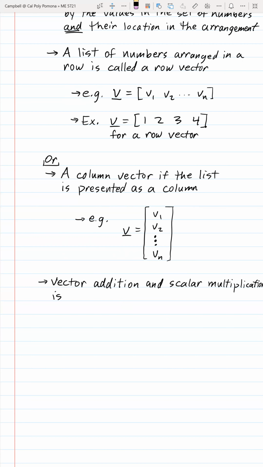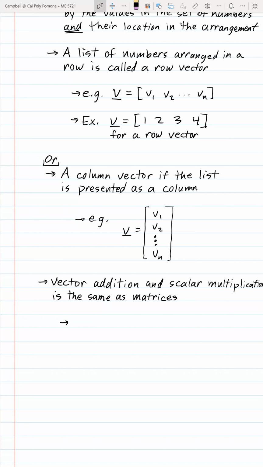So as you can imagine, those two, since they were very similar to their scalar or algebraic analogs, we have the same addition and scalar multiplication for vectors as we had for matrices, and nearly essentially what we had for algebraic expressions as well.